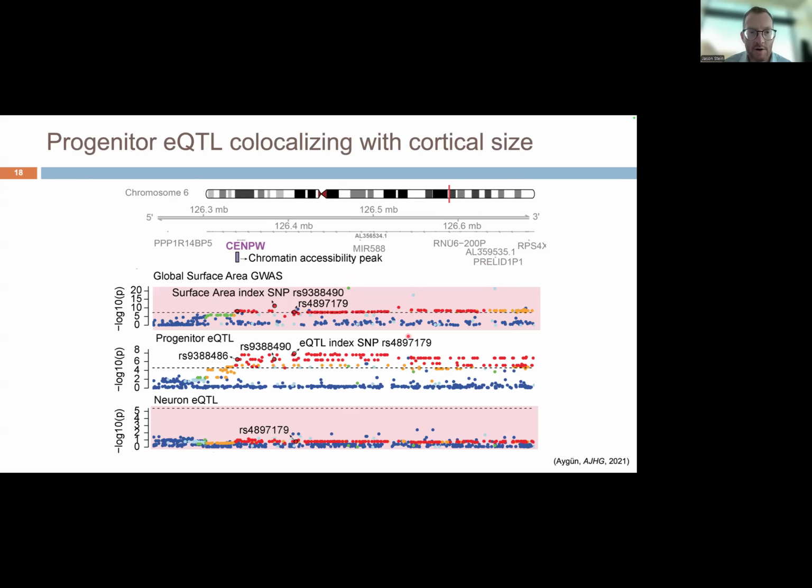We can layer on the information that we discovered for progenitor eQTLs or neuron eQTLs. We discovered that, in fact, there's a colocalization between our progenitor eQTL for CENPW and cortical surface area. What this suggests is that genetic variation working in progenitors is altering the expression of CENPW and probably ultimately leading to differences in cortical surface area.